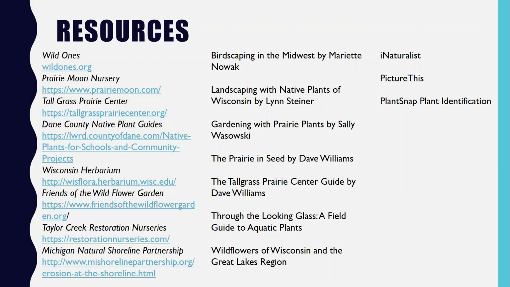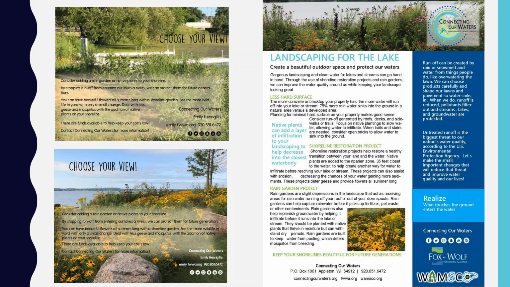Here are some other resources, some great websites to visit that kind of talk more about it, books that are really helpful, and then on the far right, I've got 3 apps that I find really helpful. I use Picture This a lot if I'm unsure of a plant, and then if it gives me a couple options, I follow up with a book or Google or something to help me identify what I'm looking at.